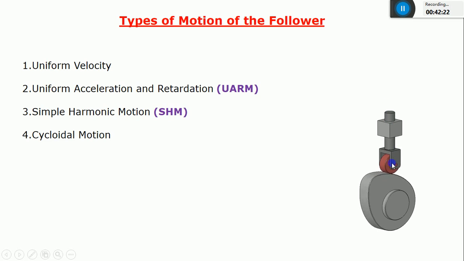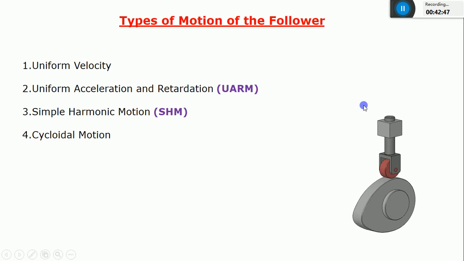During the upward motion of the follower, that is the rising of the follower, the velocity may be different, say 2 centimeter per second. During the downward motion of the follower, the speed may be different, say 4 centimeter per second. Again, it will take some rest in between. It means the motion of this follower is not uniform.